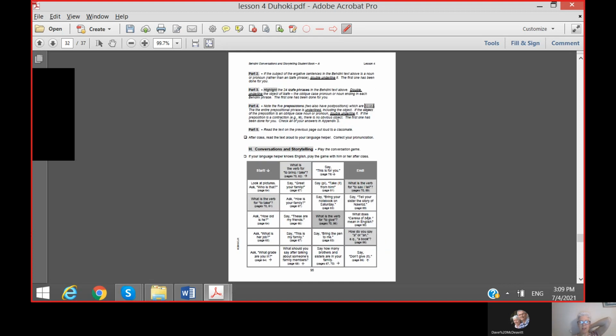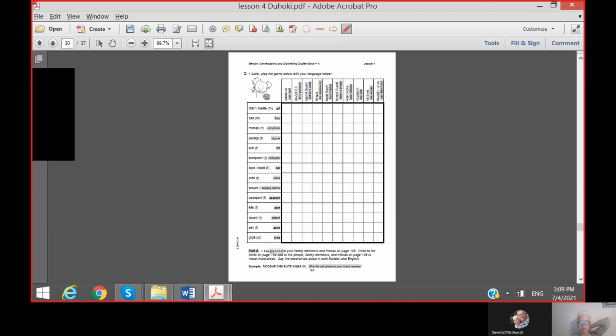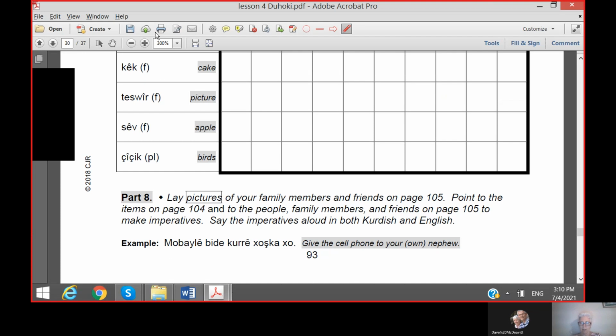So let's go back and fix that. Down here, it should say, lay pictures of your family members and friends on page 99.